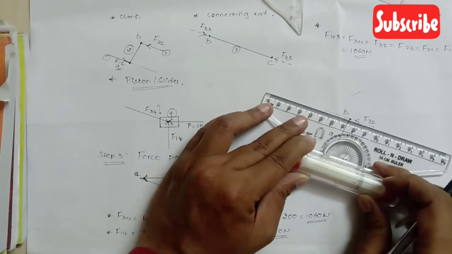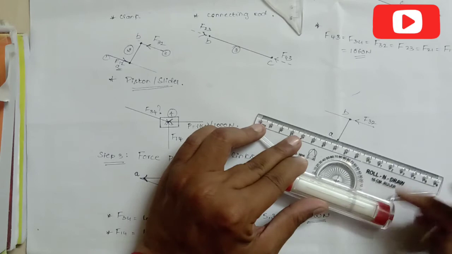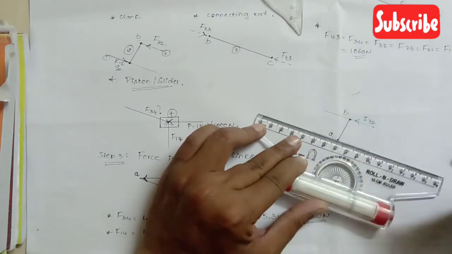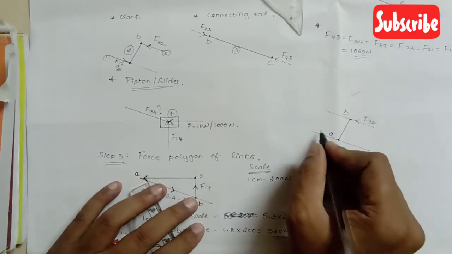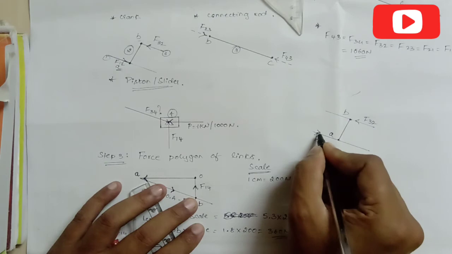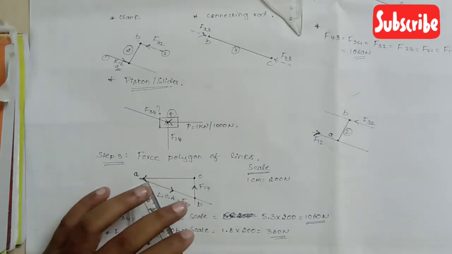Now push it towards the downward direction until it touches the point A, and draw a line parallel to the line of action F32. Now this is nothing but our F12, the force which is being transmitted from 1 to 2 here.